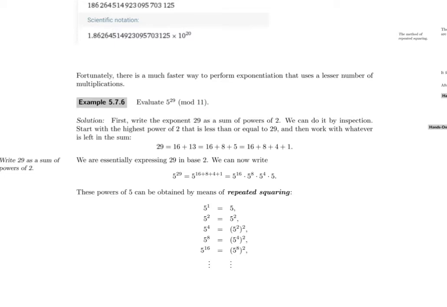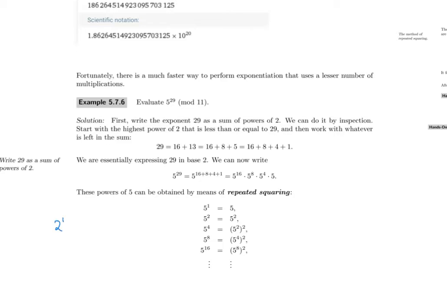Okay, so what do we do? It's this technique that's called repeated squaring. So we're going to take 29 and write it as a sum of powers of 2. What does that end up being? Well, reminding yourself of your powers of 2 will be very helpful.